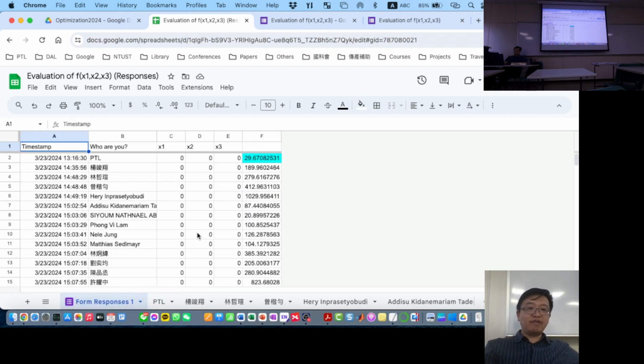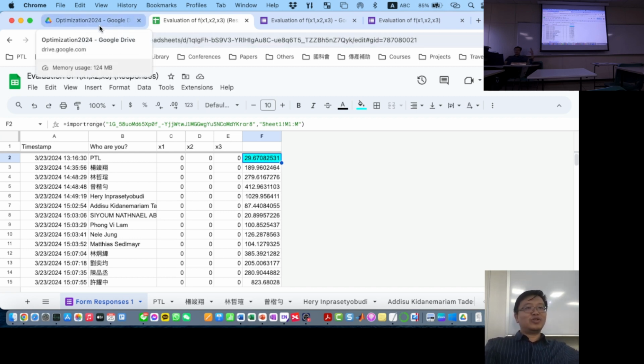So even if you come to this series of responses, you don't see anything. But if you look at this one, there's a function called import range. So I hid the function in an additional file with no access to any others. So even if you use this to go to the other file, you shouldn't have the access to take a look.